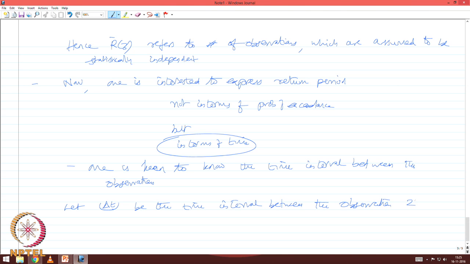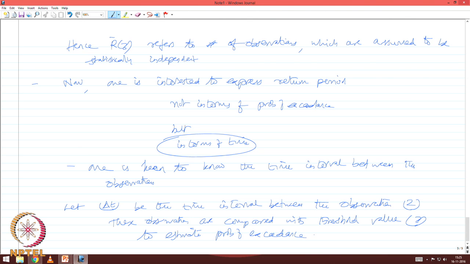capital Z. These observations are actually compared with threshold value small z to estimate probability of exceedance. We are trying to determine the return period of the exceeded value carefully.